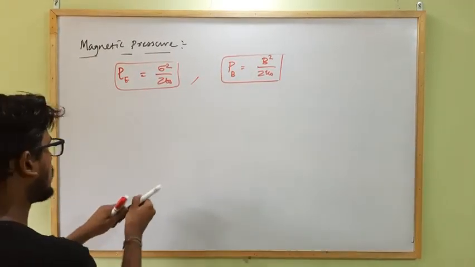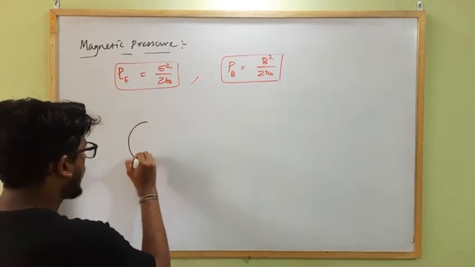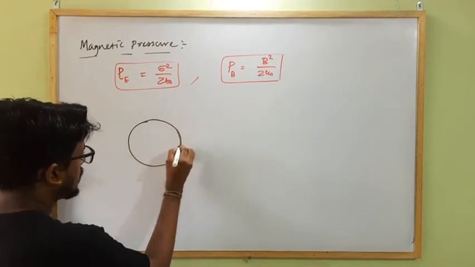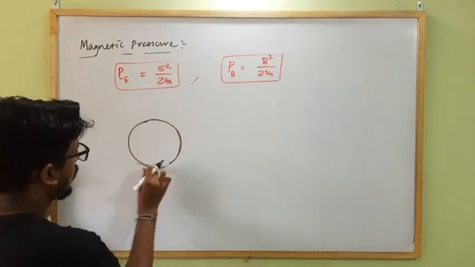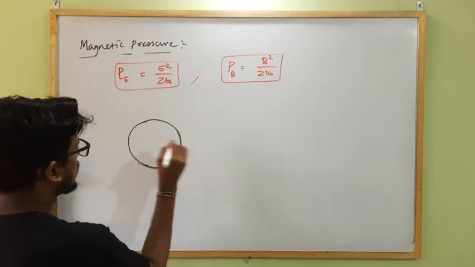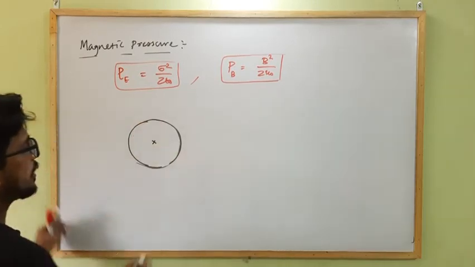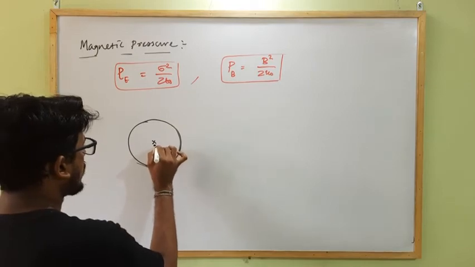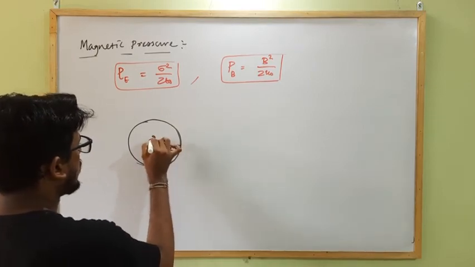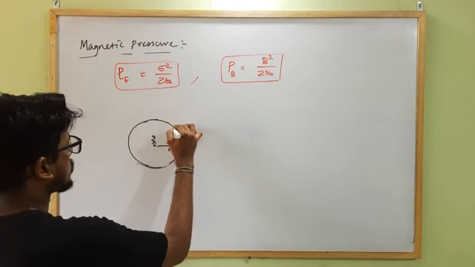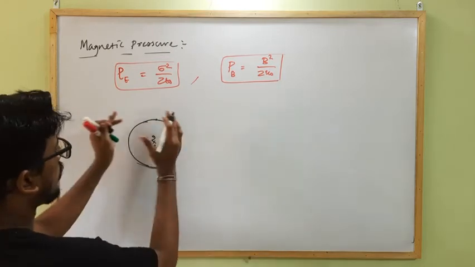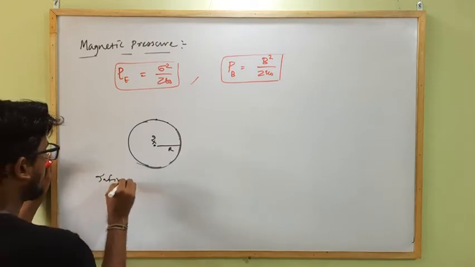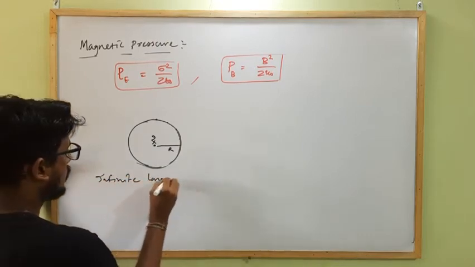Just consider a hollow, infinitely long, straight current carrying conductor. This is a hollow infinite long straight conductor which carries current into the plane. This is the center, and the radius is r.